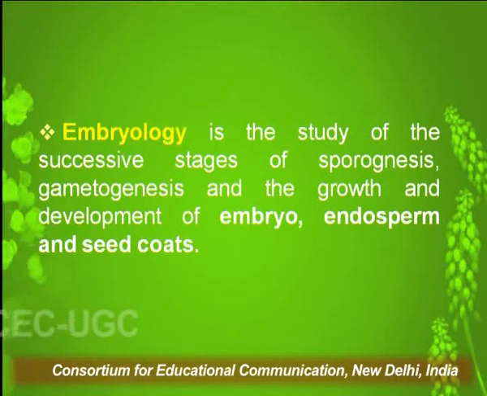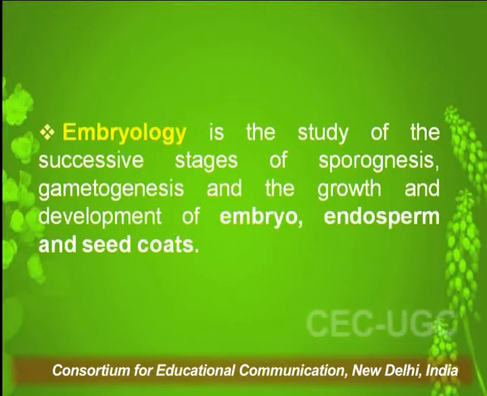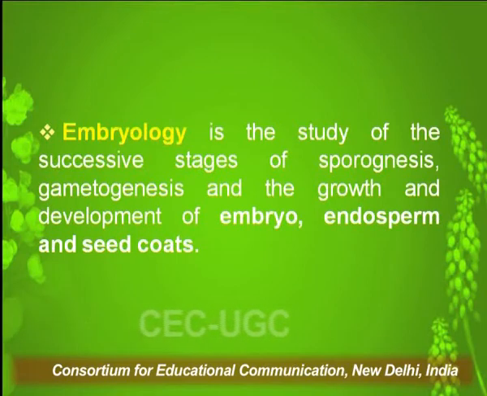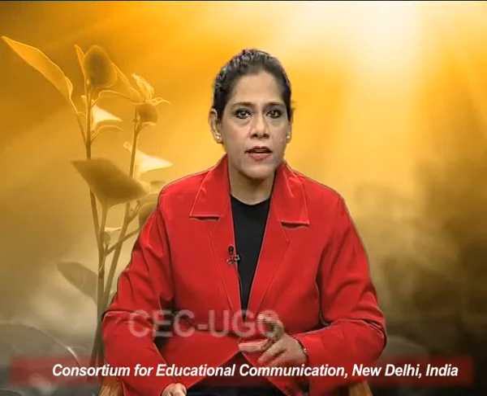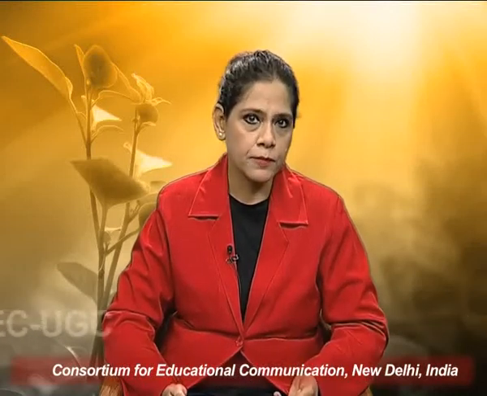Now, we will move on to another example where embryology is the study. I will also discuss now a few examples of how embryology has helped in solving the taxonomic problems and acted as taxonomic evidence. But before that, we shall understand what embryology is. So, embryology is the study of successive stages of sporogenesis, gametogenesis, and the growth and development of embryo, endosperm, and seed coats.